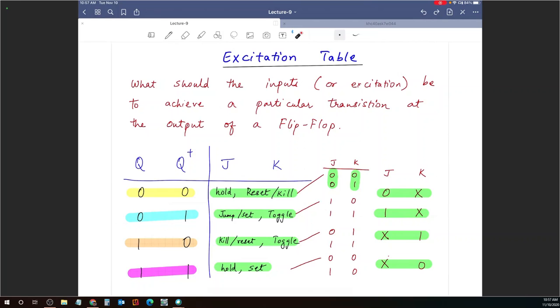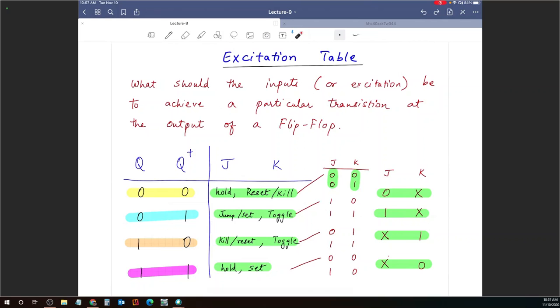In the characteristic table, it's the other way. Given the inputs, you're trying to figure out what happens at the output. All right, you guys, questions about the excitation table? You will use this a lot. It looks like you have no questions about the excitation table.